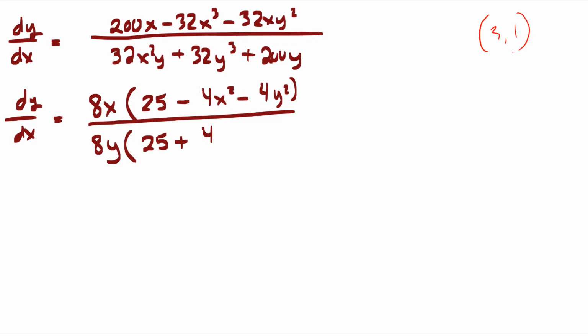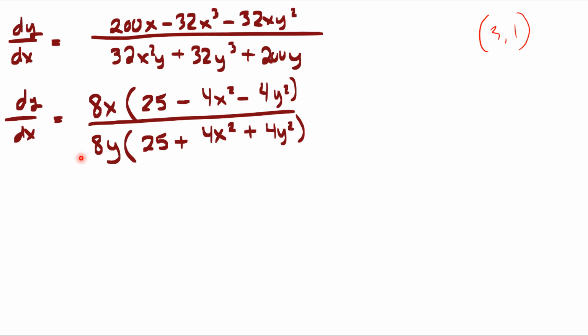Oh, bummer. I would have been able to cancel this stuff if it were not for plus signs here. So that's what I'm left with over here. So notice the 8's can be canceled. There it is. 8's are gone. Those can be gone and over with.